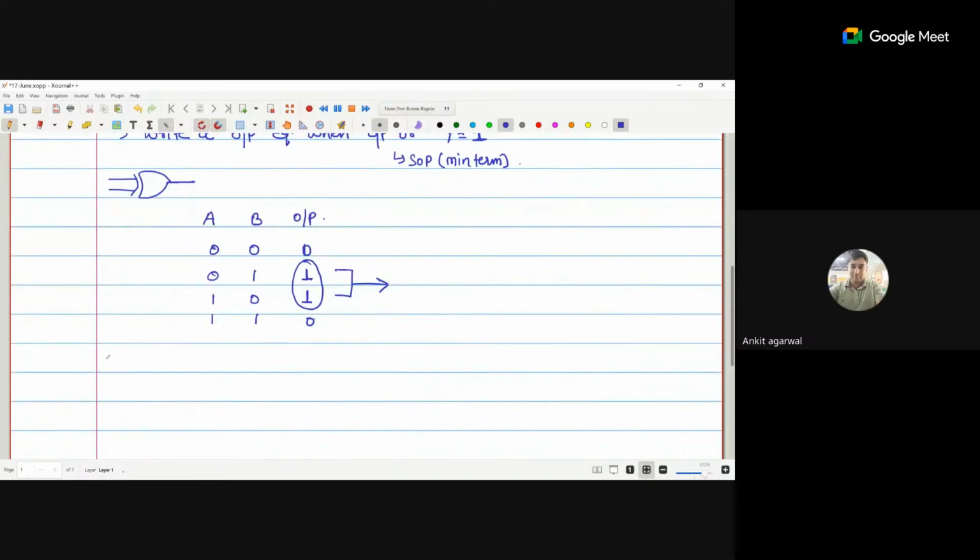Now, the fourth thing about the min term is that if any variable is represented as is, it is defined by logic high, which is equivalent to 1. And if any variable bar is represented, that means the logic is low, or 0.